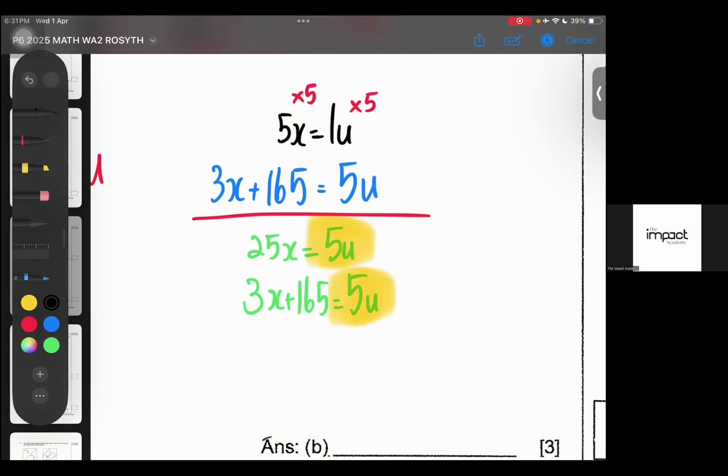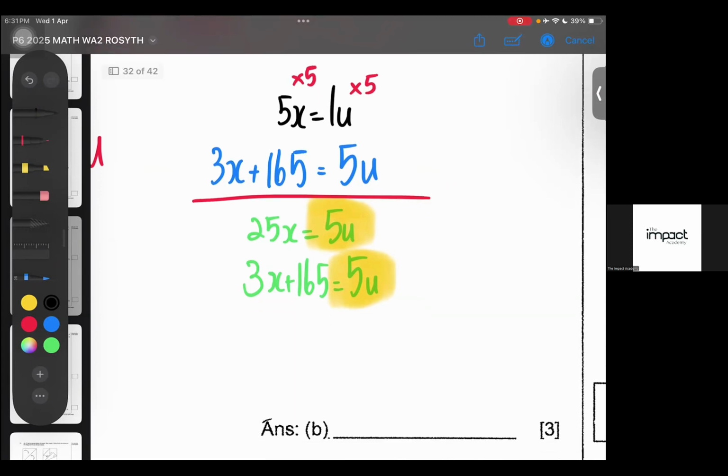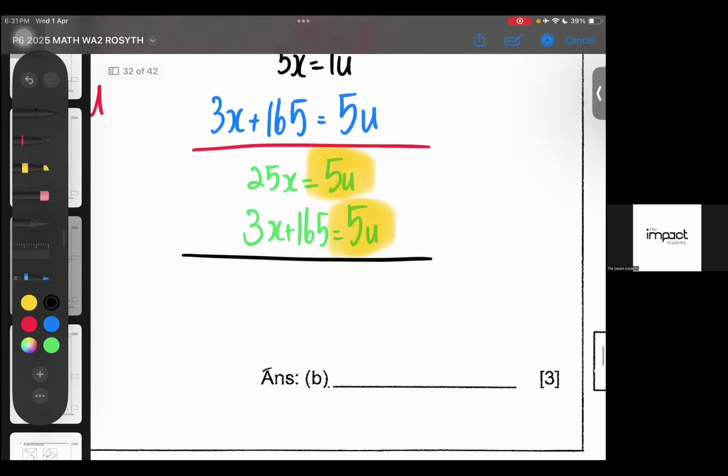Tell me what is the equation I can form when you see both is equals to 5 units. Stop telling me the minusing. I want to have my equation first. How many times do you want me to say that? Both of these are equals to 5 units, right?